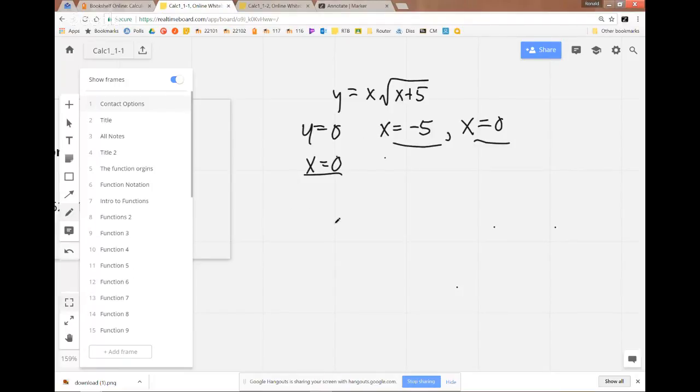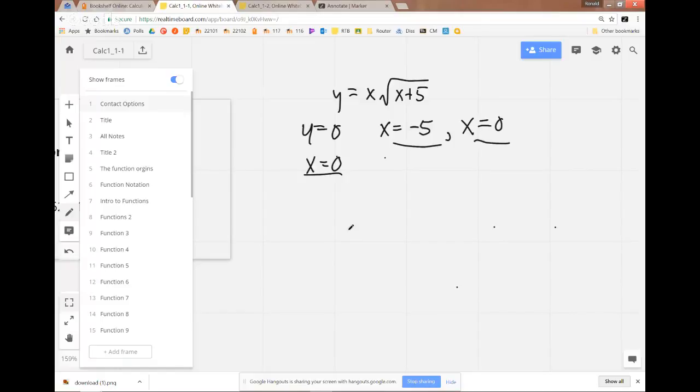Now what about symmetry? How do you test for symmetry? Symmetry would exist when you replace x with a negative x and you get the same answer for y; that would tell you that we have y-axis symmetry.